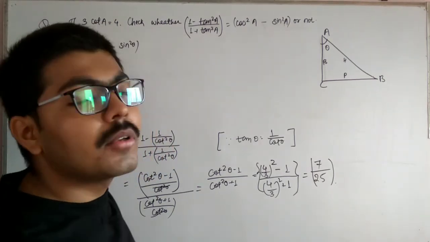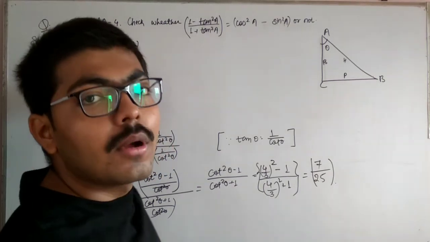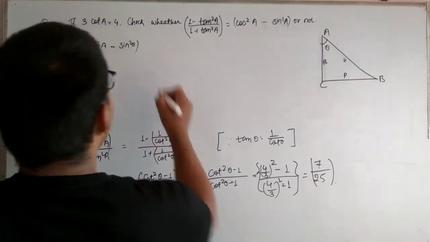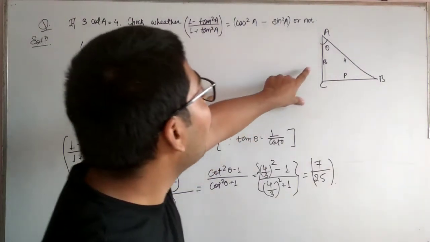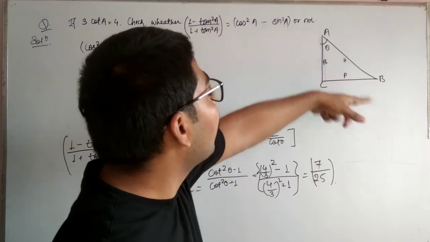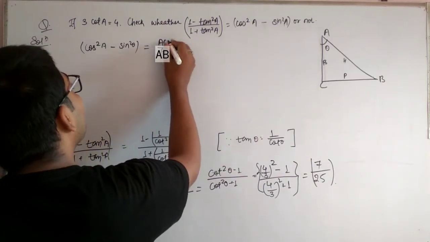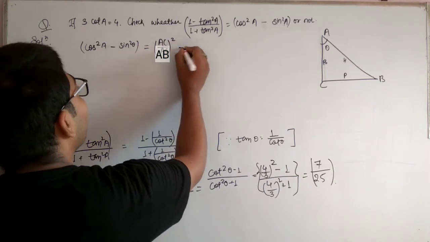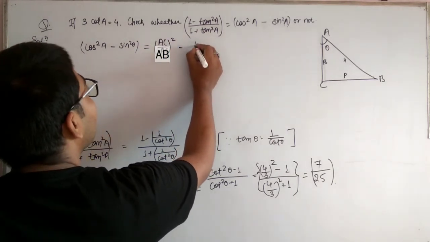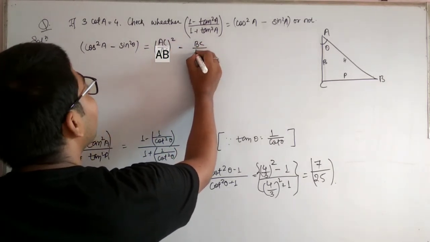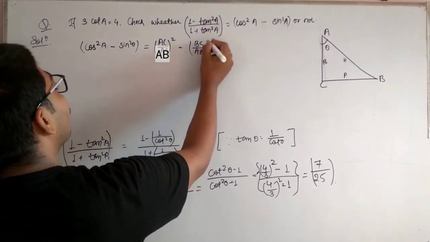Cos is the ratio of base upon hypotenuse, and sin is the ratio of perpendicular upon hypotenuse. We have base as AC and hypotenuse as AB, so this will be AC upon AB to the whole square minus BC upon AB to the whole square.